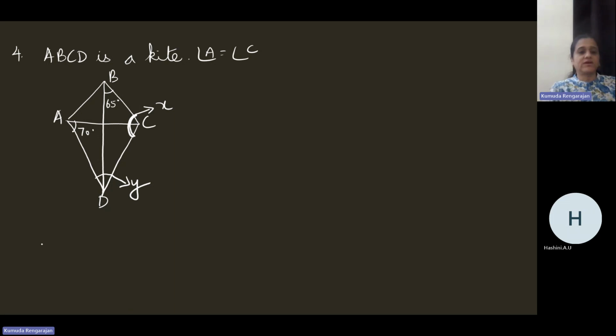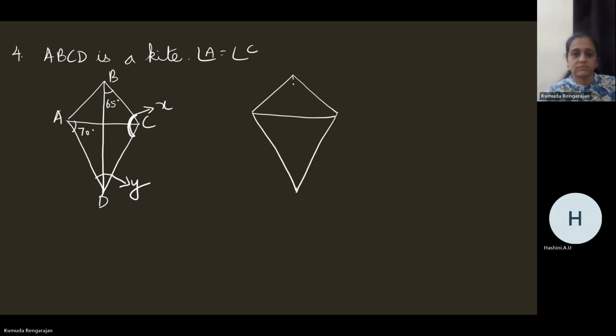What are the properties of a kite? The diagonals meet at 90 degrees, and this one is an isosceles triangle.